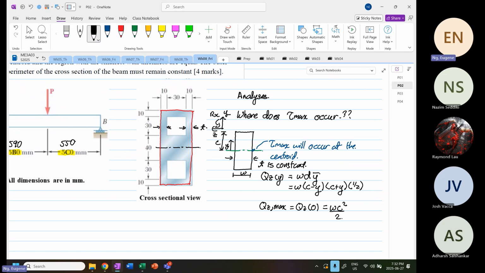Okay. So if you look at our diagram over here, I will now divide this into 3 parts. I'm going to divide this into one part. I call this the upper flange.